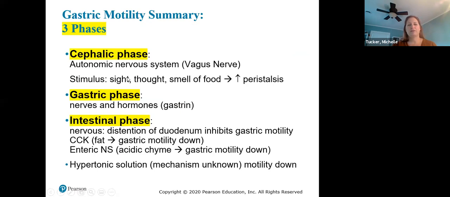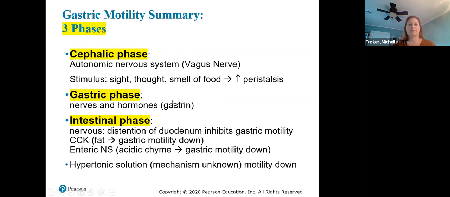When we see food, think of food, smell food, or are driving over to a restaurant, the autonomic nervous system via the vagus nerve is going to start the process of peristalsis, and salivary amylase is released in saliva. So the thought of food starts this gastric motility, then the gastric phase, and then the intestinal phase.